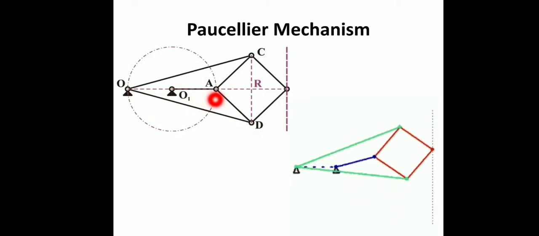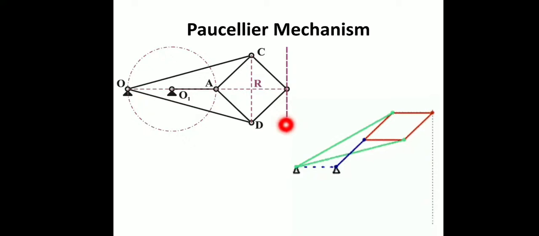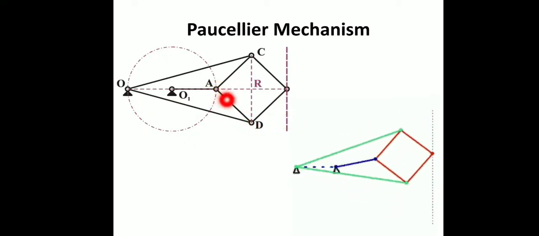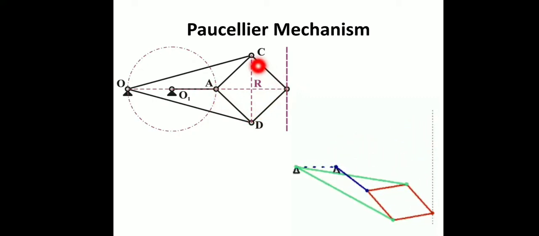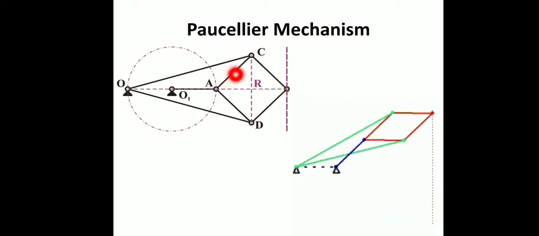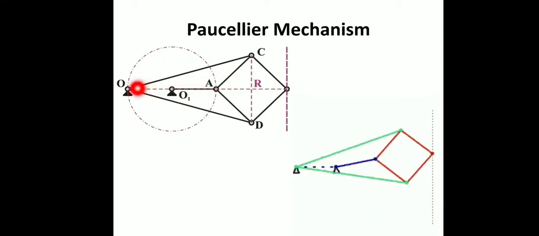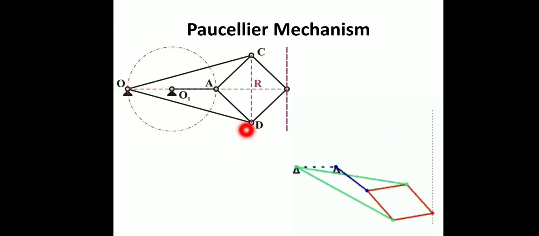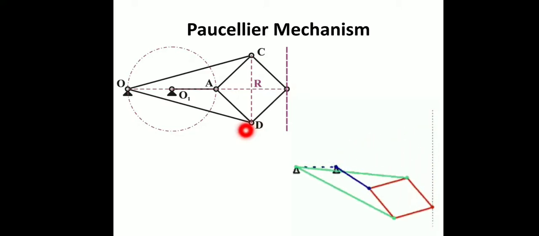These mechanisms help to draw a straight line, and the very important thing is these 4 bars AD, BD, CB and AC should be equal in length, and also OC and OD should be equal in length.